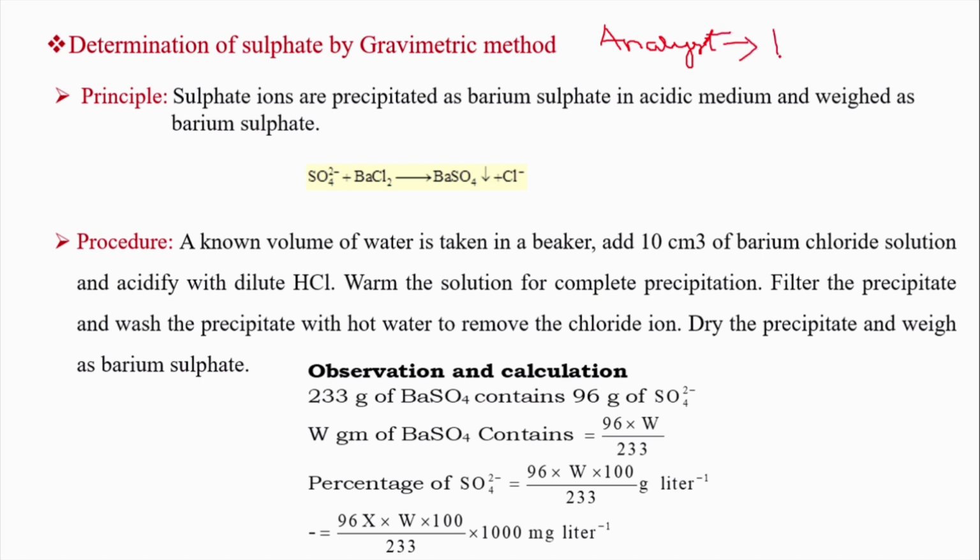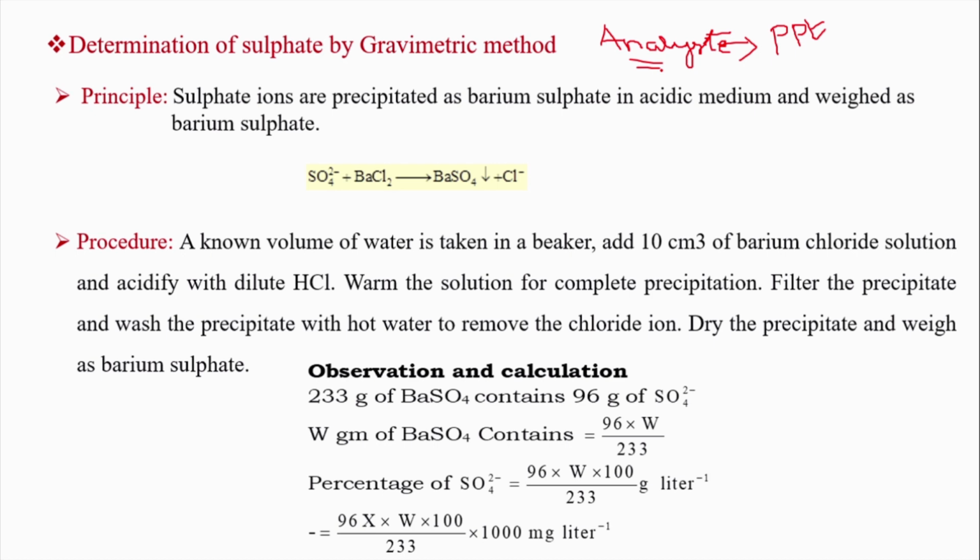Analyte means the test substance, the one under investigation. By knowing the weight of the precipitate, it is possible to determine the concentration of the analyte present in a test solution. That is called a gravimetric method.